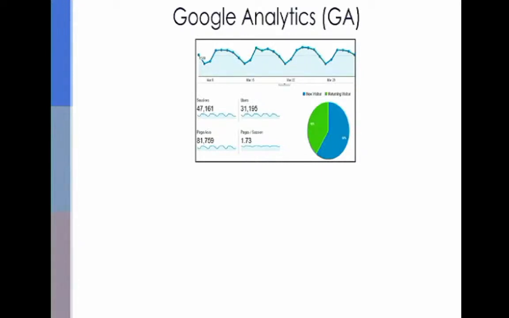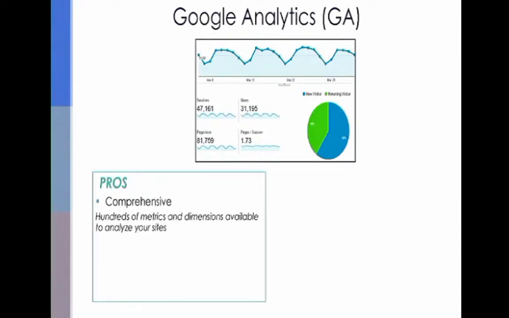As a couple of pros, Google Analytics data is really comprehensive. There are hundreds of metrics and dimensions to use for analysis. It's also super customizable. There are a lot of things that you can customize within Google Analytics to make the product even better, using custom dimensions and event tracking to figure out what people are actually doing on your website.